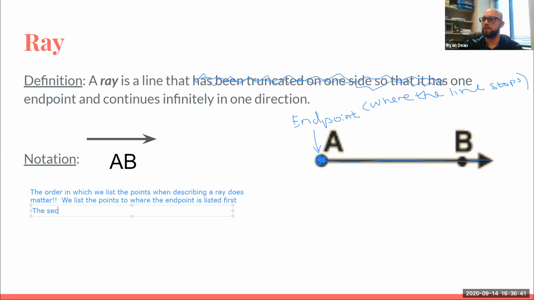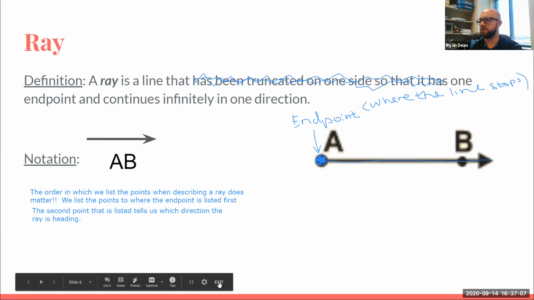The second point that is listed tells us which direction the ray is going. So in your notebook, make sure that you take these two things and write them down.